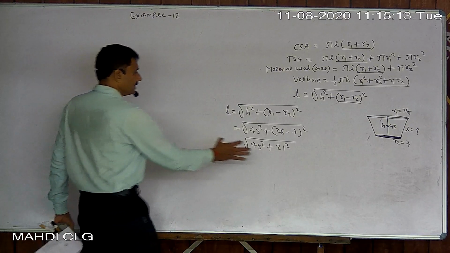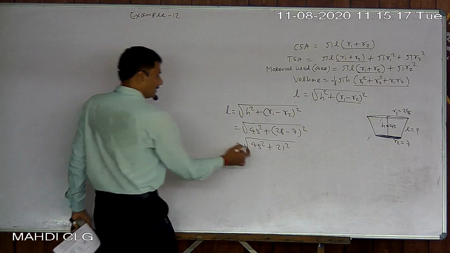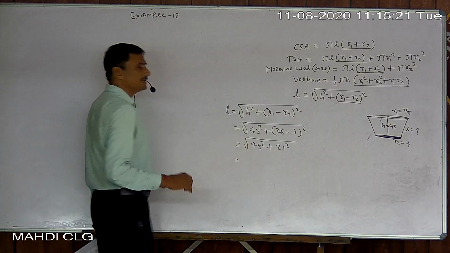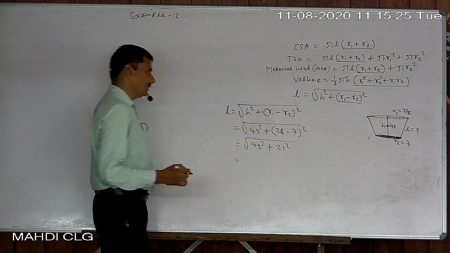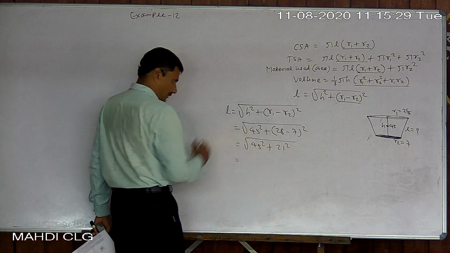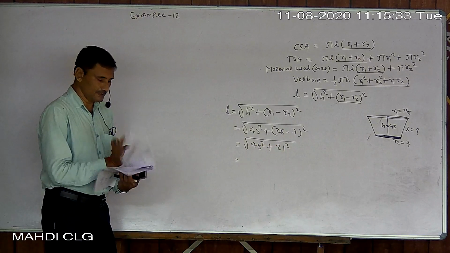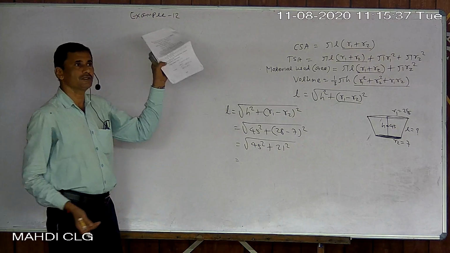So something is common here. You can understand 3 is common. So can you take 3 common? Actually 3 square is taken common from there. So on the second page of this one, they have taken 3 common.